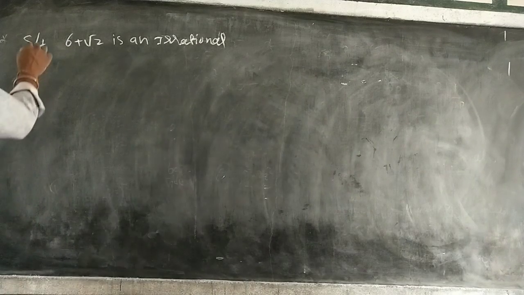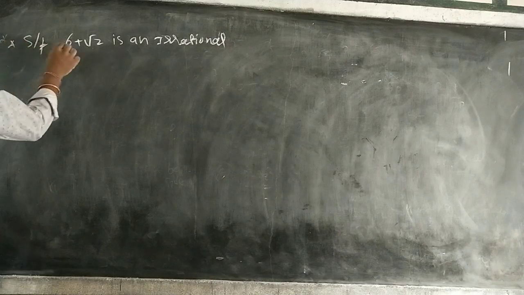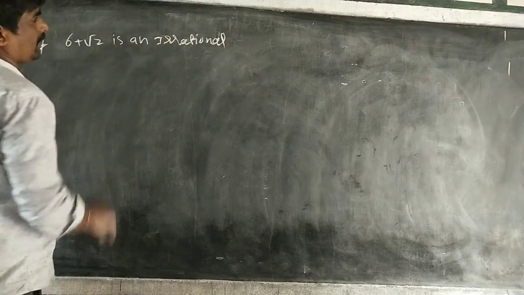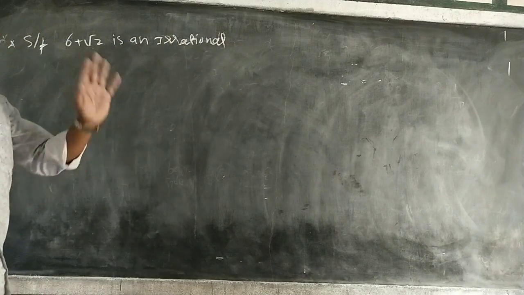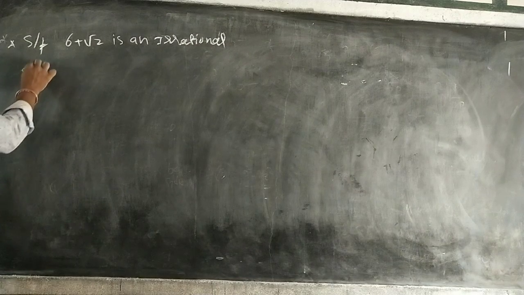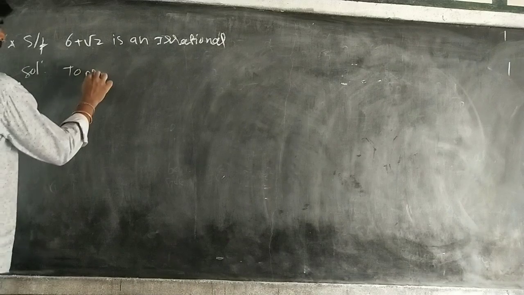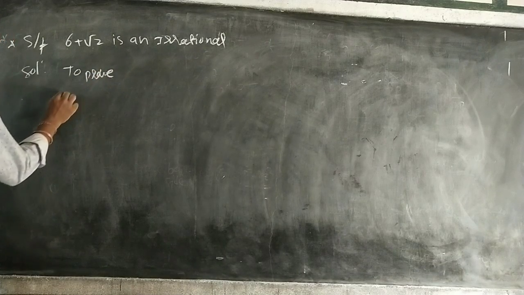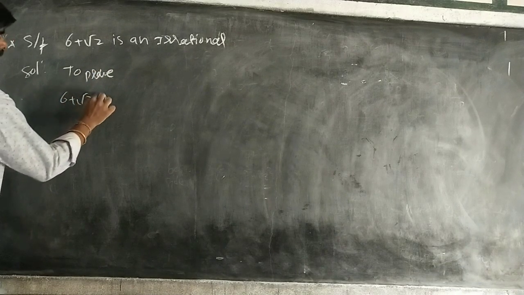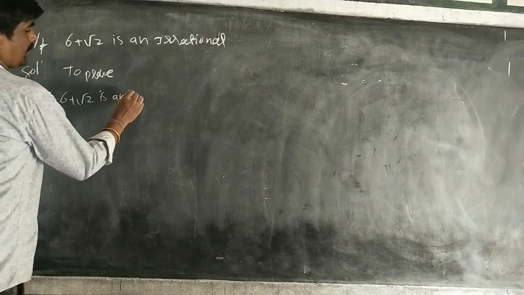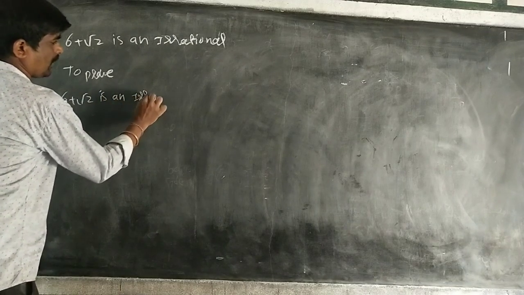Next, again one problem. Show that 6 plus root 2 is an irrational number. Same method. Solution. So what we have to prove? To prove 6 plus root 2 is an irrational.